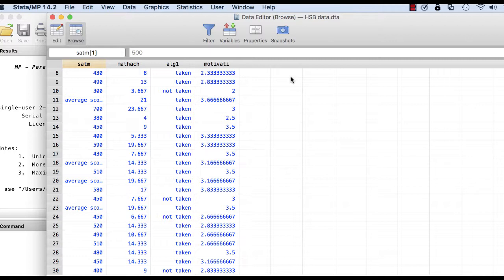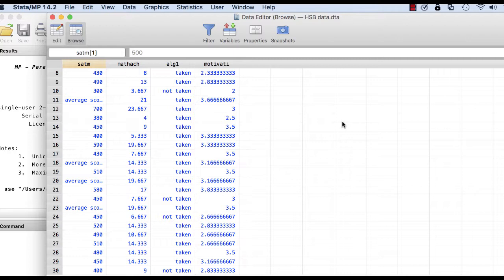The idea behind this example is to investigate how general math achievement, one type of math course, and motivation explain or predict scores for scholastic aptitude mathematics achievement.